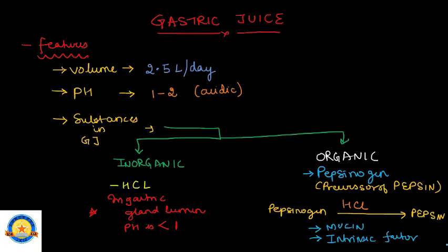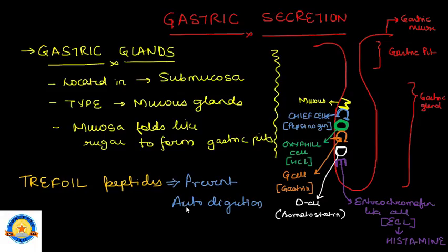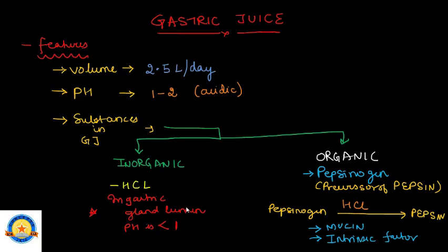That's it. Did you understand till now? Yeah, we'll move on to the next topic. So we are done with the anatomy of gastric glands. We know the properties of gastric juice.